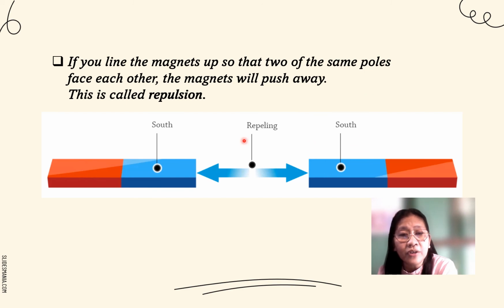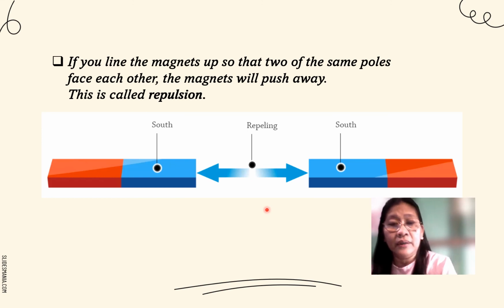The same poles are facing each other: the south pole of one magnet and the south pole of the other. So their movement will be away from each other. They will push each other away. That is called repulsion, the effect is that they repel each other.